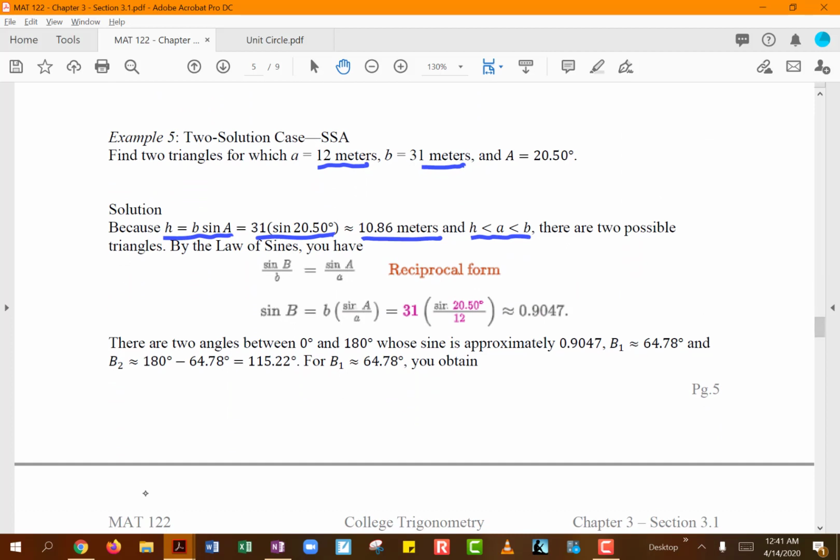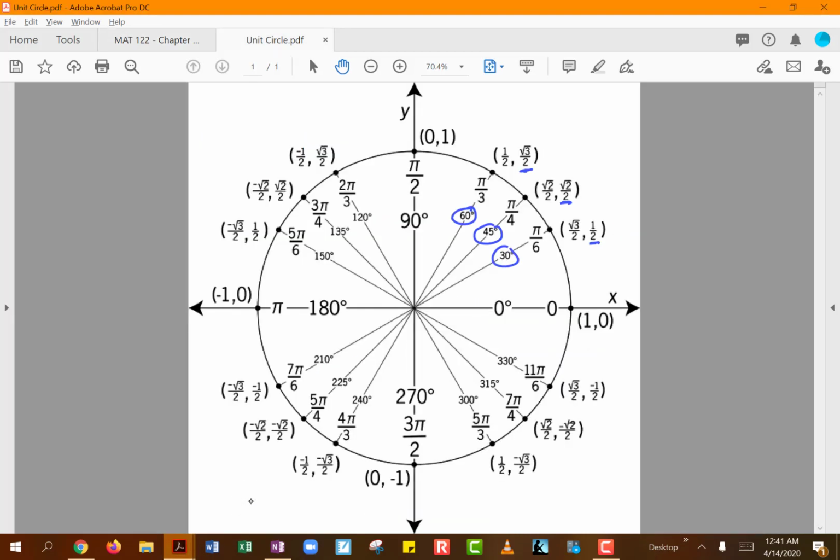So using our law of sines, we are finding angle B. And in this case, sine of B is coming out to be 0.9047, and there are actually going to be two angles which will satisfy this, because 0.9047 is smaller than the maximum sine value of 1, right?